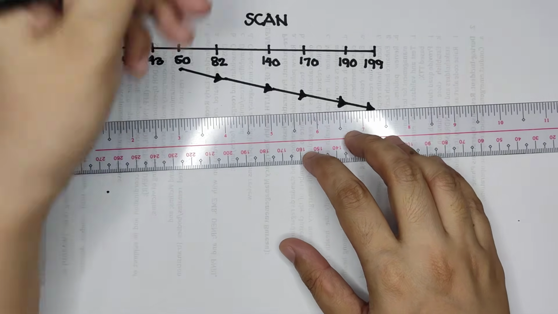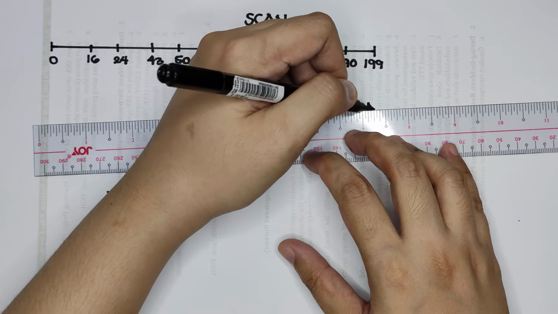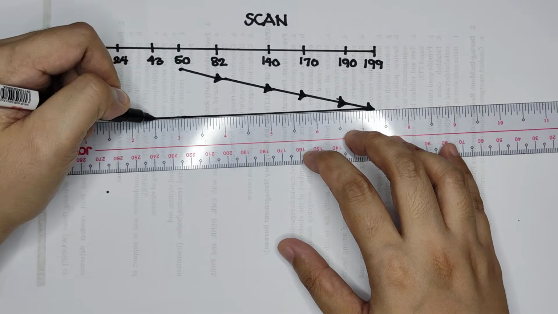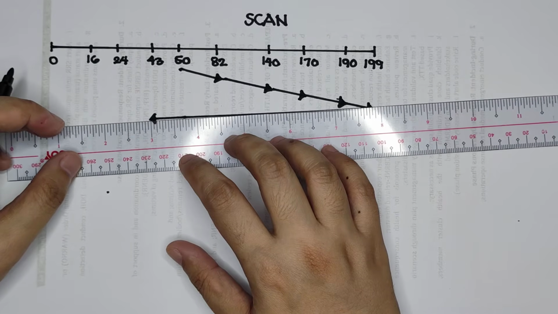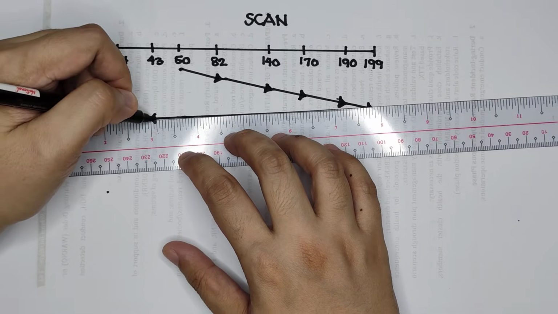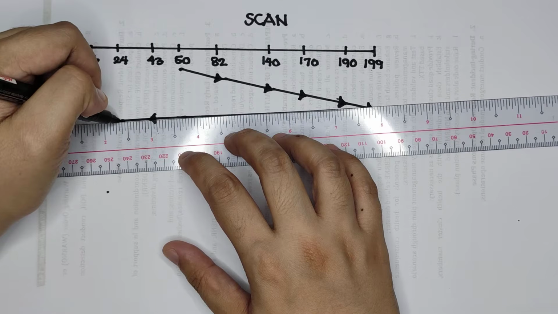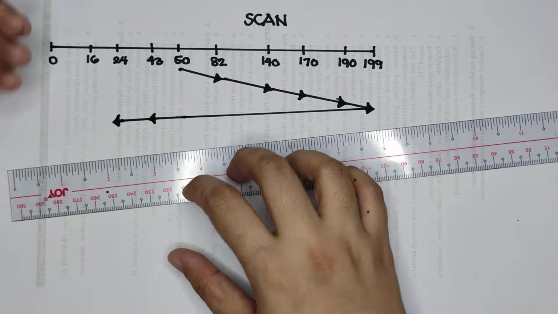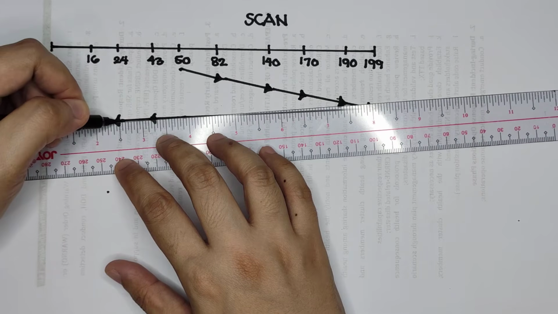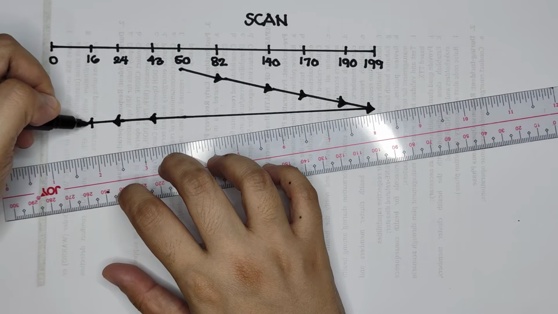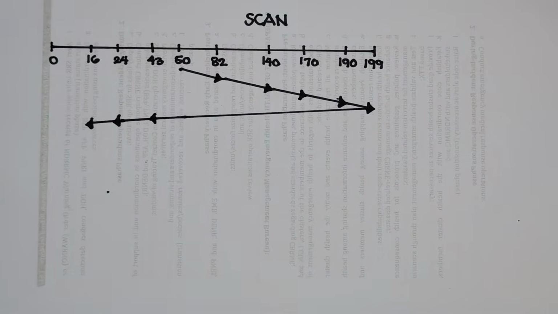to the nearest. The nearest here is 43, and then 24, and then it will end on 16. Very simple, because for SCAN it is most likely in ascending order.